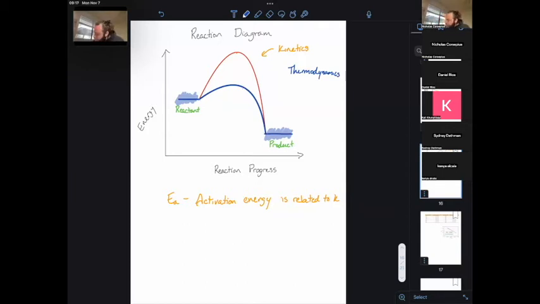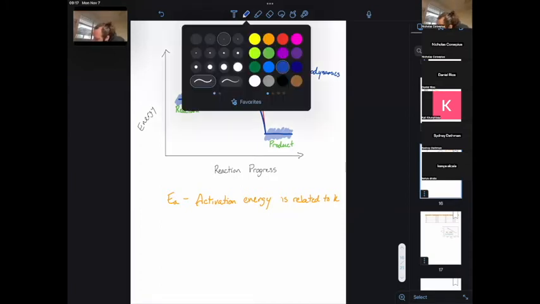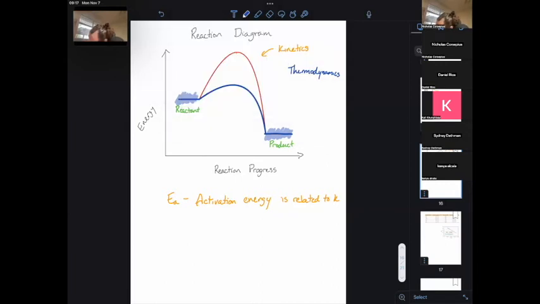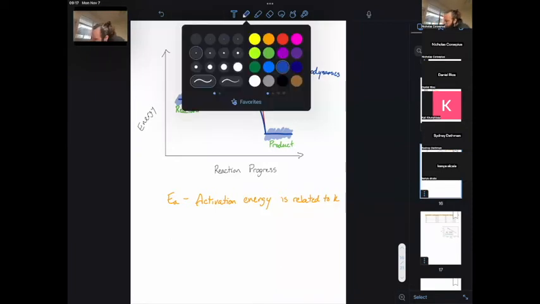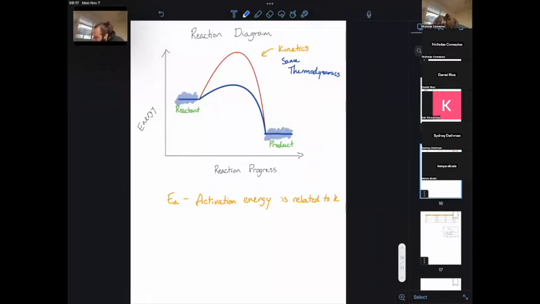These two reactions would have the same thermodynamics, but my blue reaction is a fast reaction because that activation energy is small. So blue is fast. And my red reaction is slow because it has this much larger activation energy. That's how the middle portion of this curve corresponds to the kinetics of the reaction.